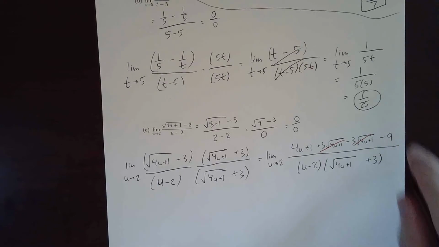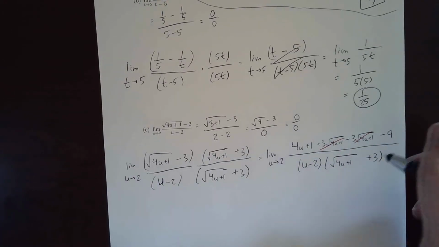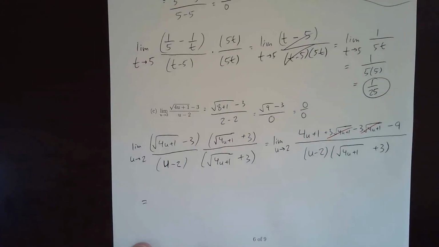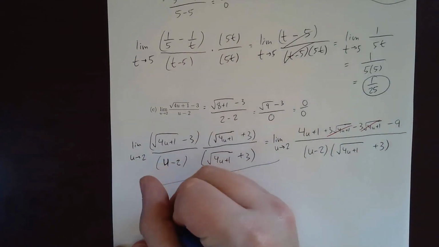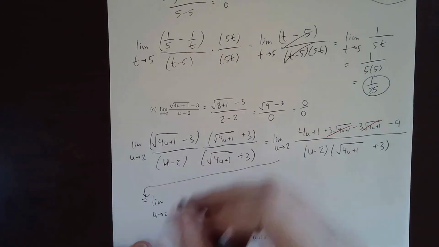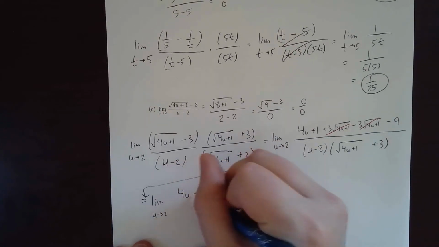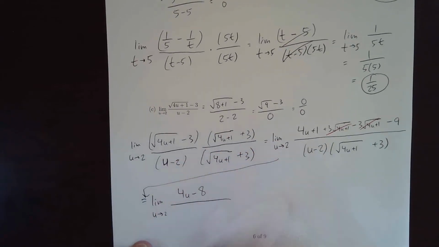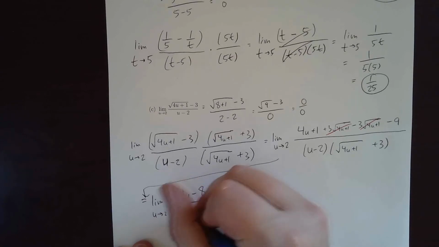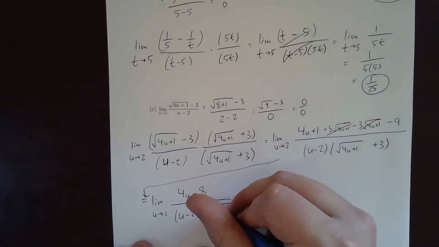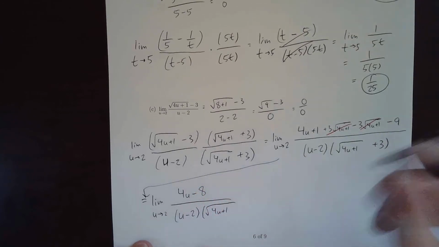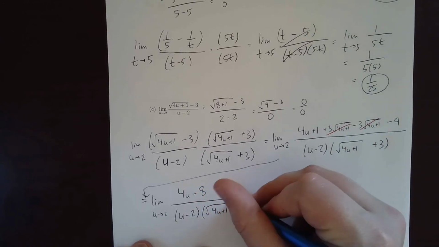And so by going ahead and combining some terms here, I'm going to bring this over to the other side of the page. We'll get the limit as u approaches 2 of 4u minus 8 over u minus 2 times the square root of 4u plus 1 plus 3.